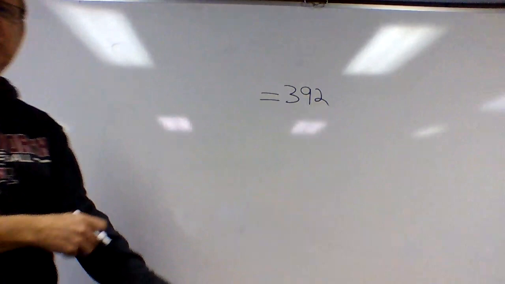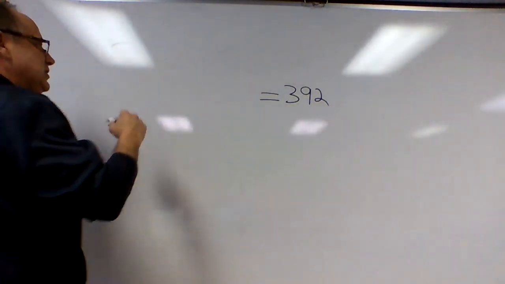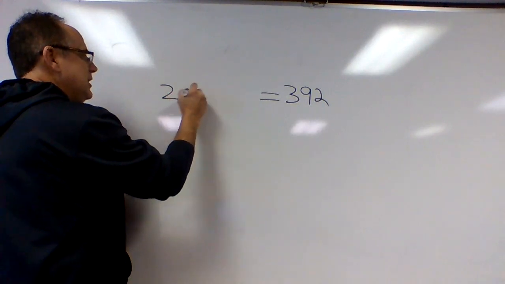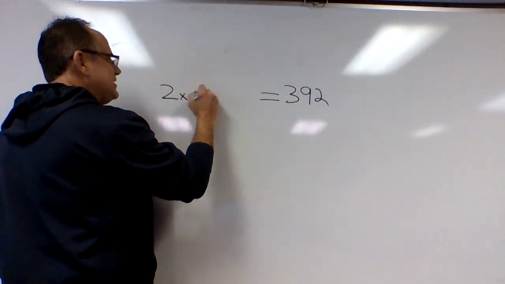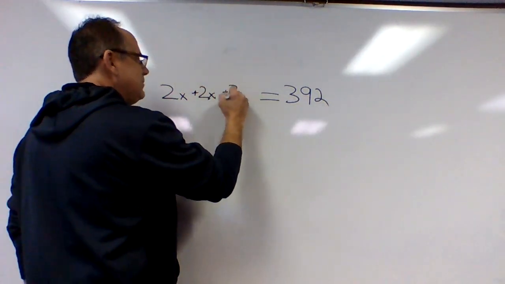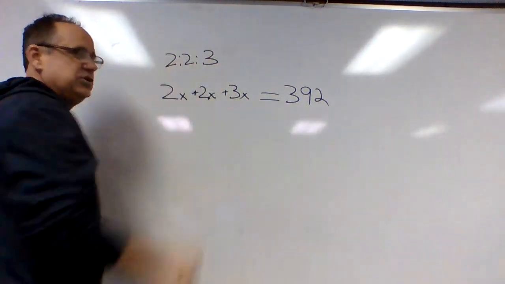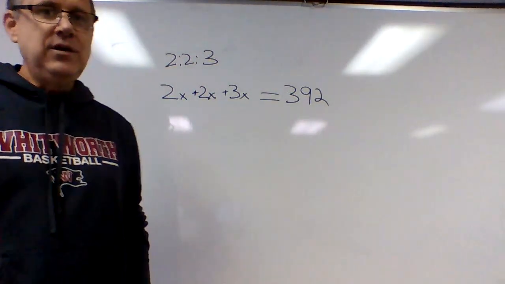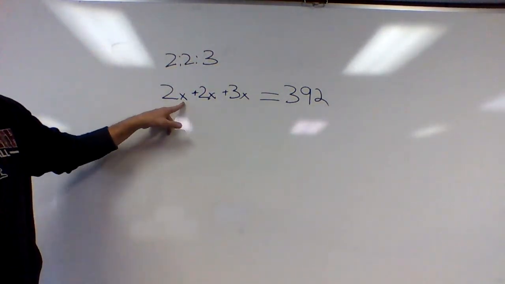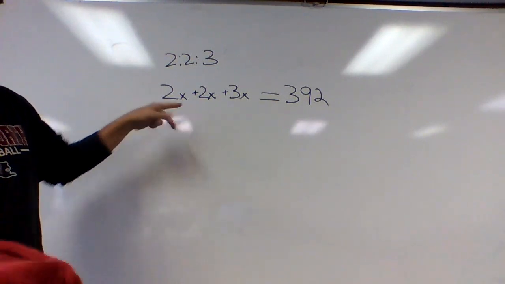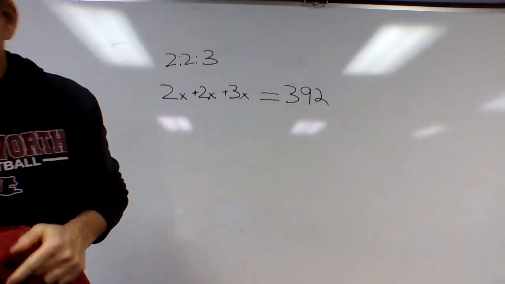The ratio originally was 2 to 2 to 3, so I add a variable to that: 2x plus 2x plus 3x. What the variable does is tell me that it's going to be a similar triangle.